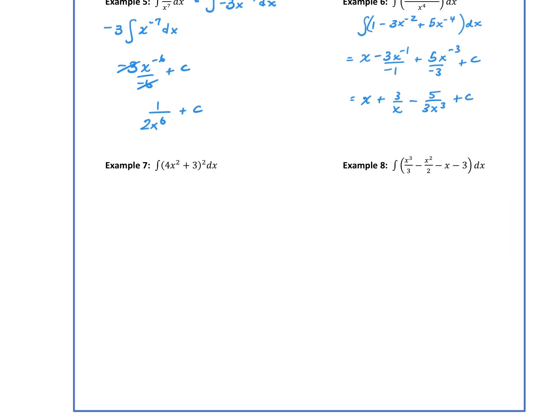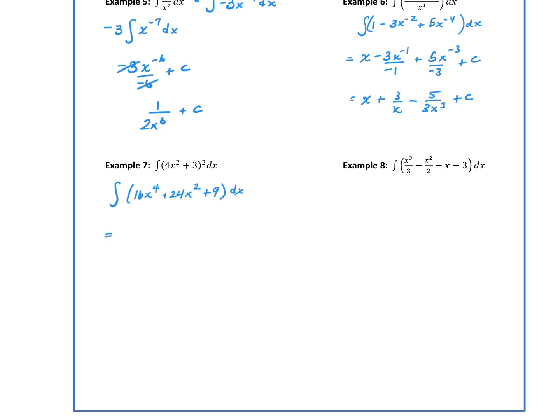All right, so for something like this, you're going to want to expand it out, because really, for what we do, you're going to want to integrate term by term. So when I FOIL this out, you're going to get 16x to the 4th power plus 24x squared plus 9 dx.